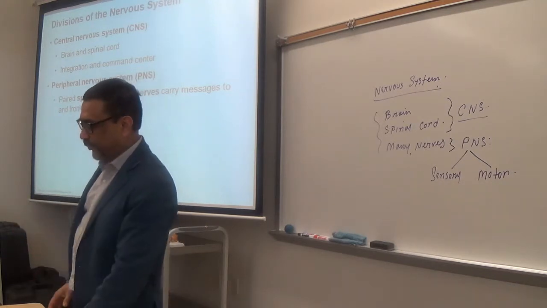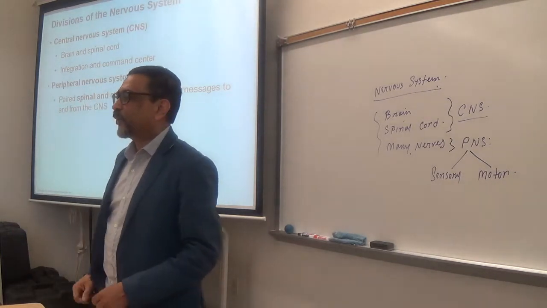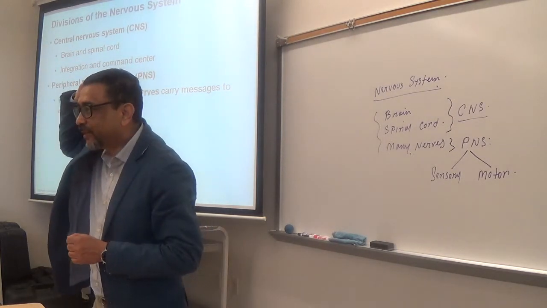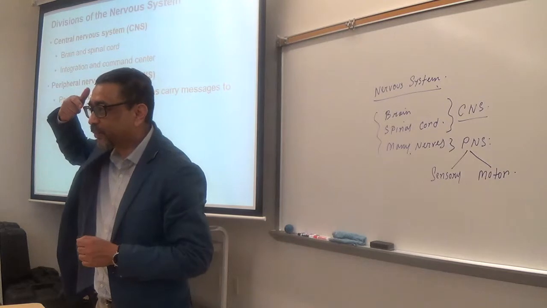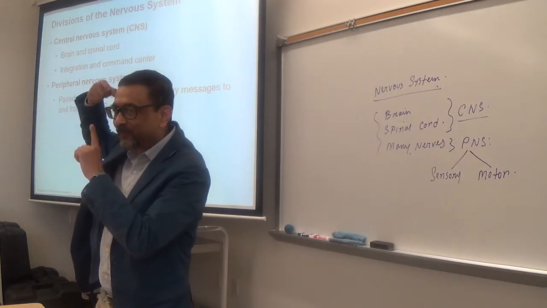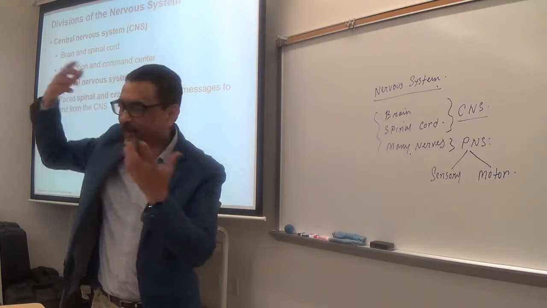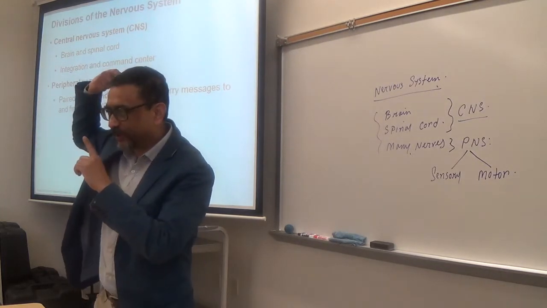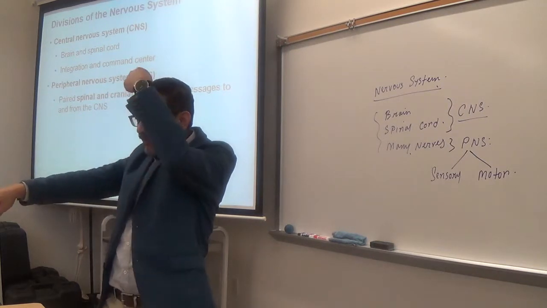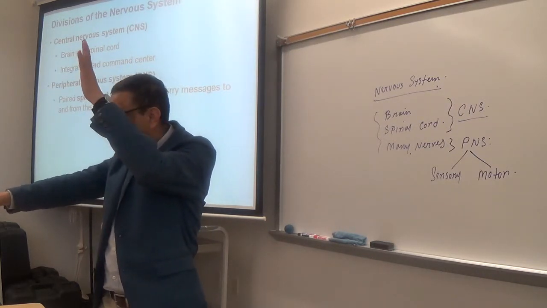Now you tell me, when you see something, the signal goes from the eye to the brain, right? The nerve that takes the signal from the eye to the brain, that is what? Sensory or motor? Sensory. I have explained that already, right? Sensory. Touch, that signal going from your skin to the brain, that is also sensory. Okay?